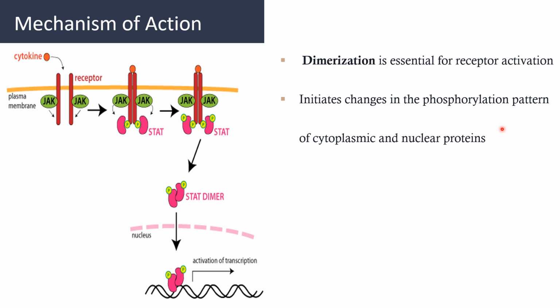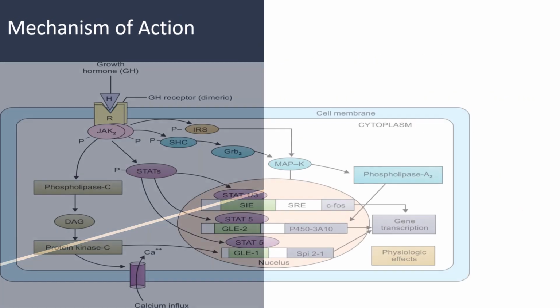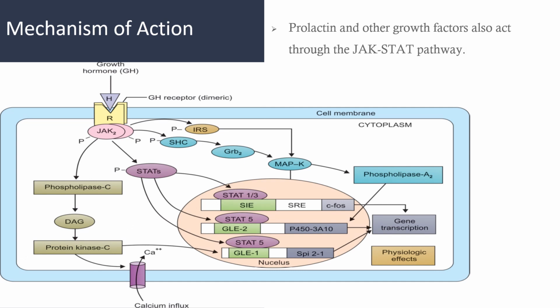The initial changes in the phosphorylation pattern of the cytoplasmic and the nuclear proteins are very important. It also stimulates the transcription of specific genes, including that of insulin-like growth factor 1. Prolactin and other growth factors also act through the JAK-STAT pathway.